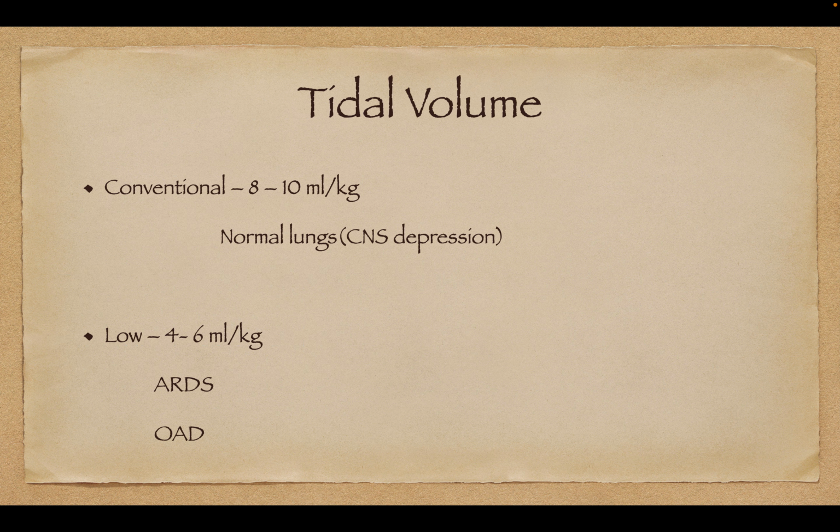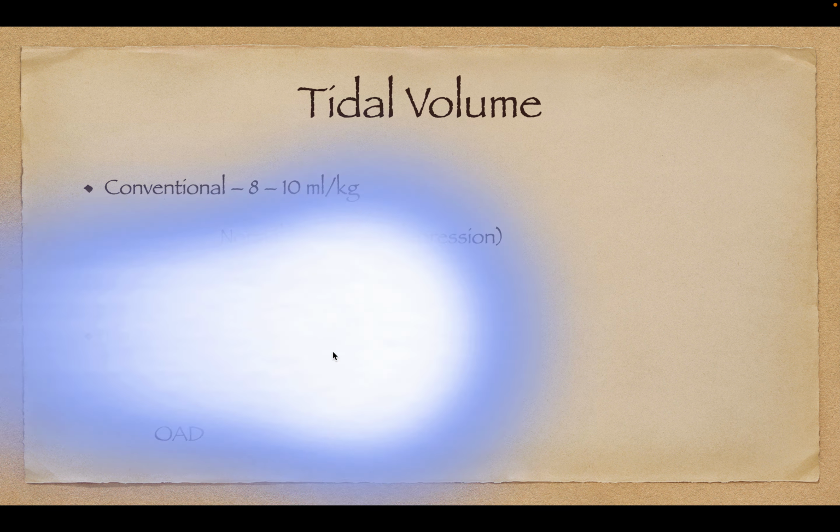As far as tidal volume is concerned, the conventional tidal volume is 8 to 10 ml per kg, especially in normal lungs, where you can use such volume. But in patients of ARDS or obstructive airway disease, there is a concept of low tidal volume, where you may institute tidal volume ranging from 4 to 6 ml per kg.